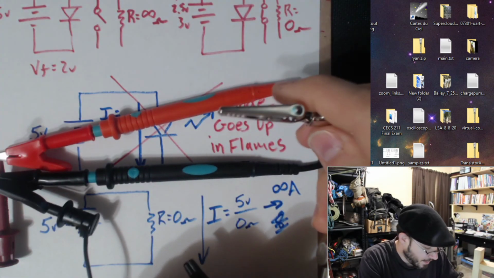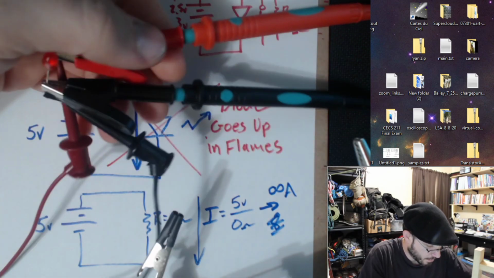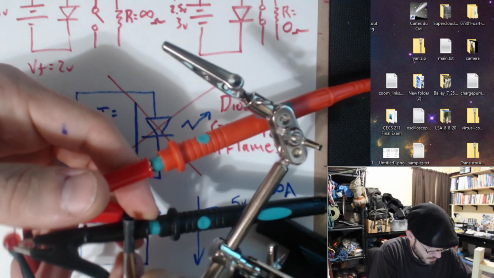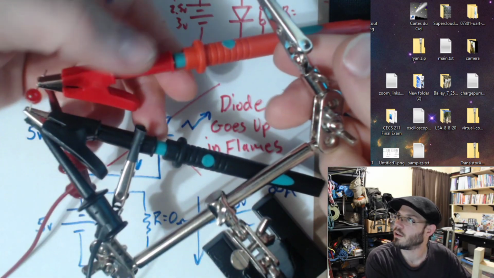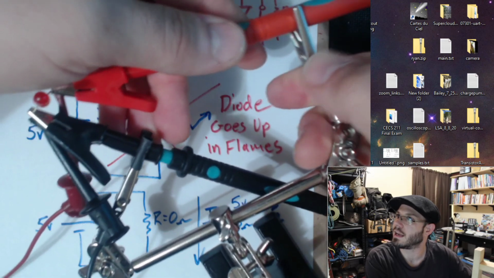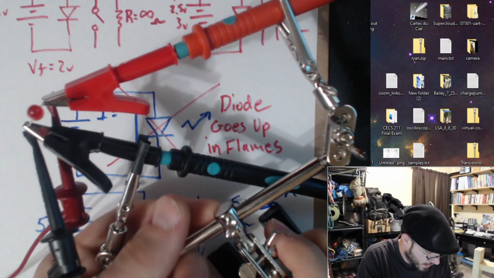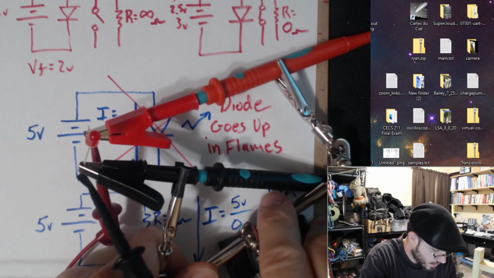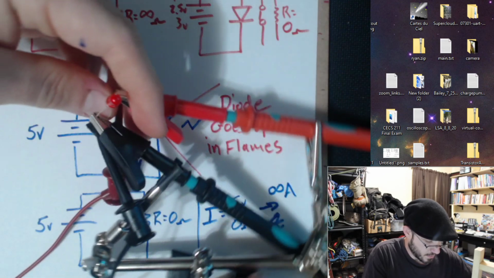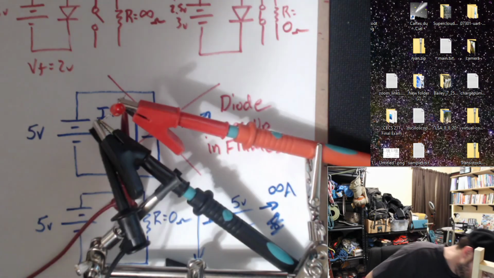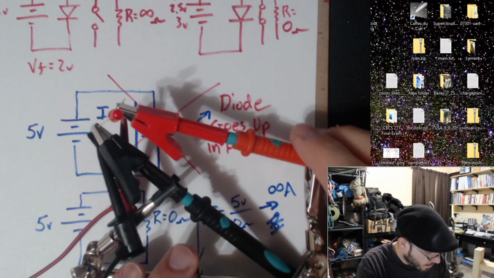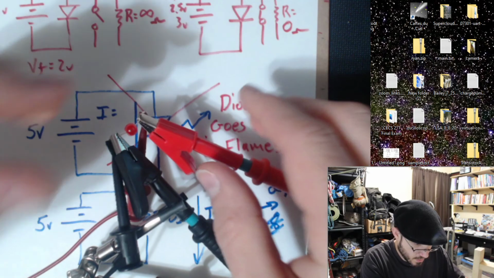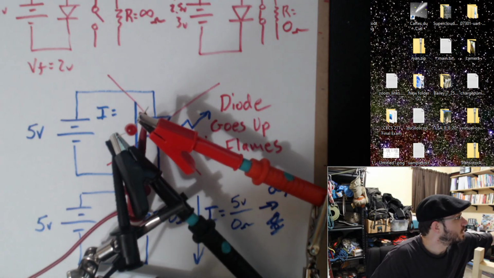Now for this case, I'm going to go ahead and hold up the diode so I don't burn my notes. These are pretty cool. These are little helping hands. I use them for soldering and I use them for other things. They do a pretty decent job at holding things up in the air. So same exact example. I am forward biased. And I will show you what the voltage is.